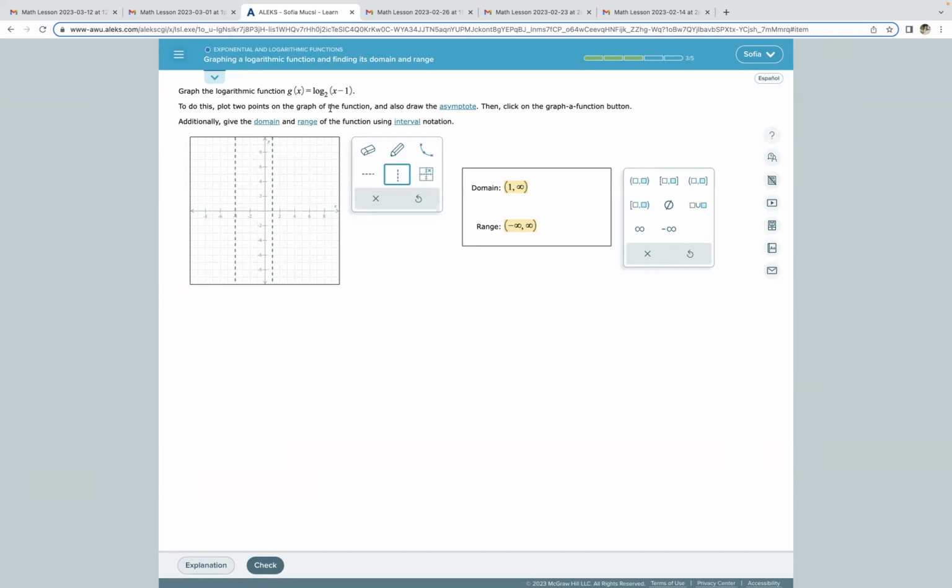So when I first pick the points, could I start with just 1 for x? You want x minus 1 to be 1. So it's like what value makes that? Oh, 2. Yes.